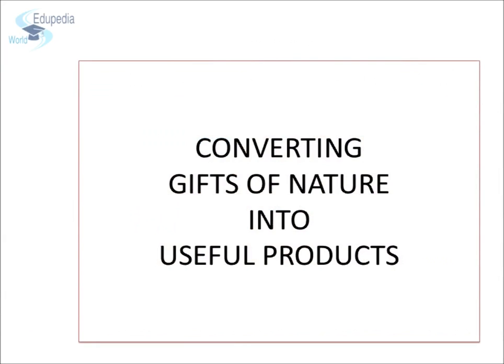If we look around us, we will find ourselves surrounded by materialistic miracles which are the outcome of indigenous work by humans in the field of science and technology. Humans have used their ability to make use of all the gifts of nature and convert them into products which have tremendous utility.